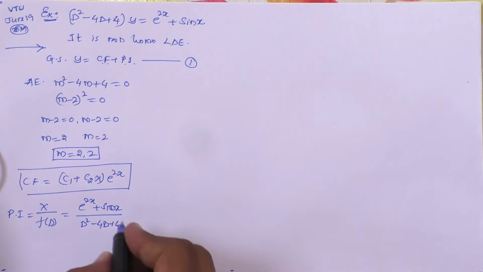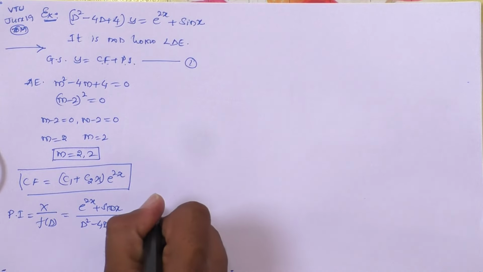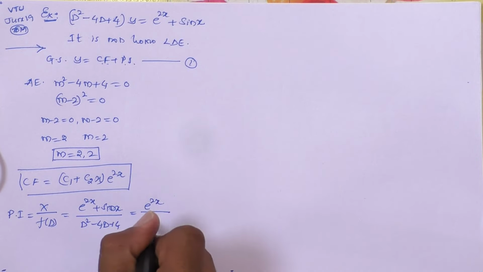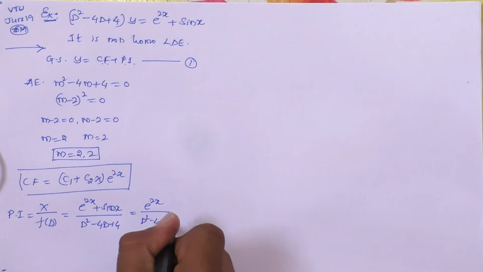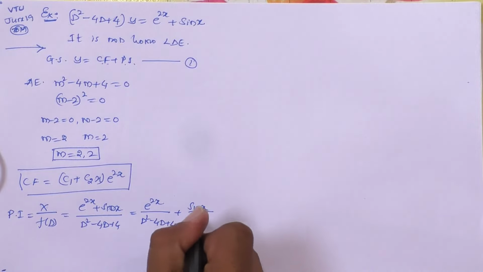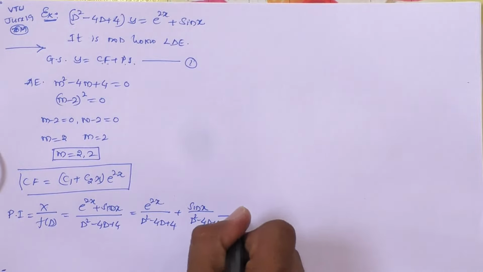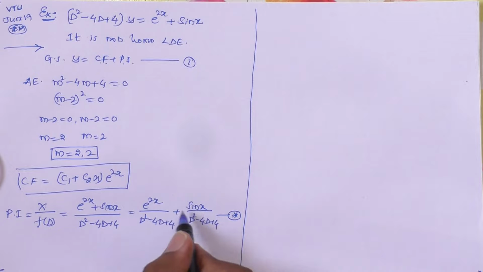Now here we have two different terms in the numerator, so it can be written as e raised to 2x by D square minus 4D plus 4, plus sin x by D square minus 4D plus 4. Take this as equation star. Now these two are different forms, so let us simplify them separately.